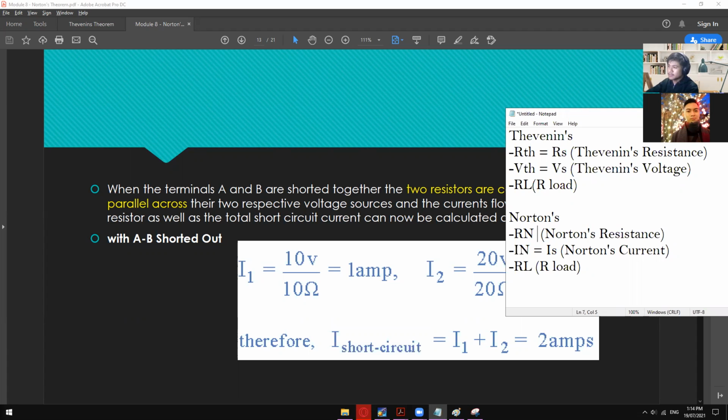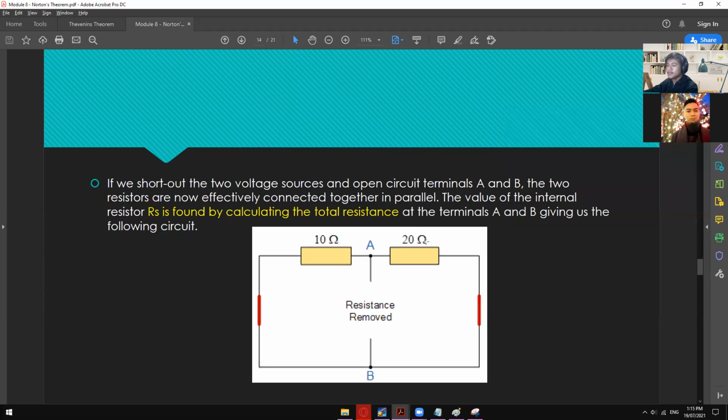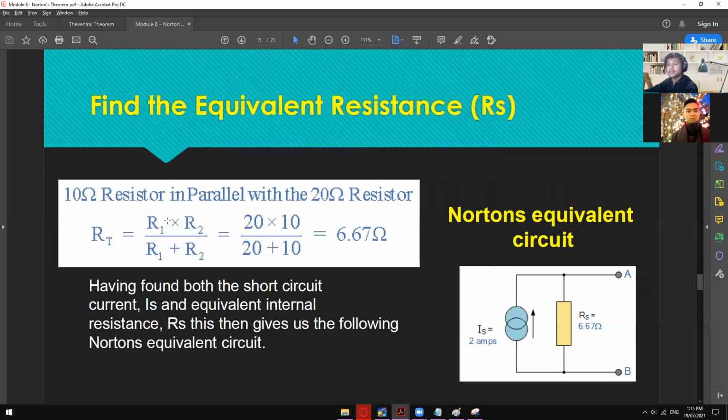In here, we also call this one RS. So the same siya dito. Then after that, we can now find the Norton's resistance. So remove the resistance right here, short the voltage sources, and then combine those two via parallel. So R1 times R2 divided by R1 plus R2: 20 times 10, and then 20 plus 10.